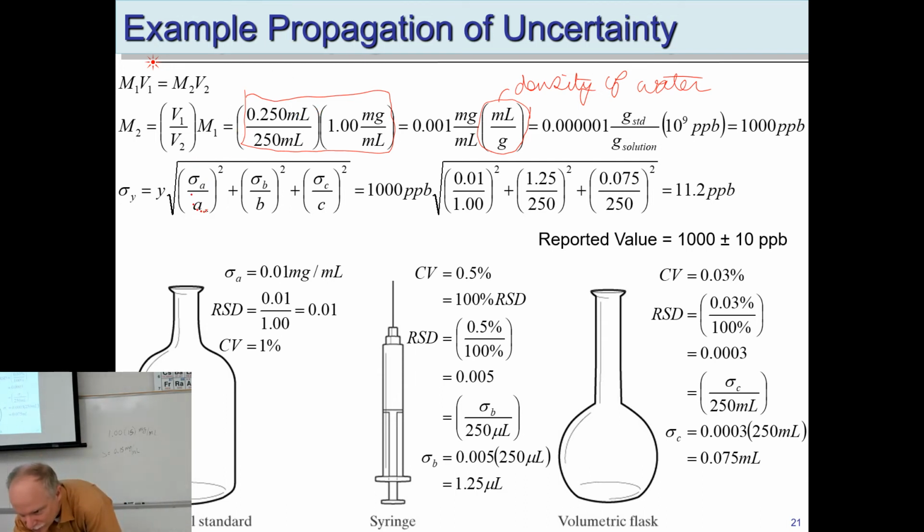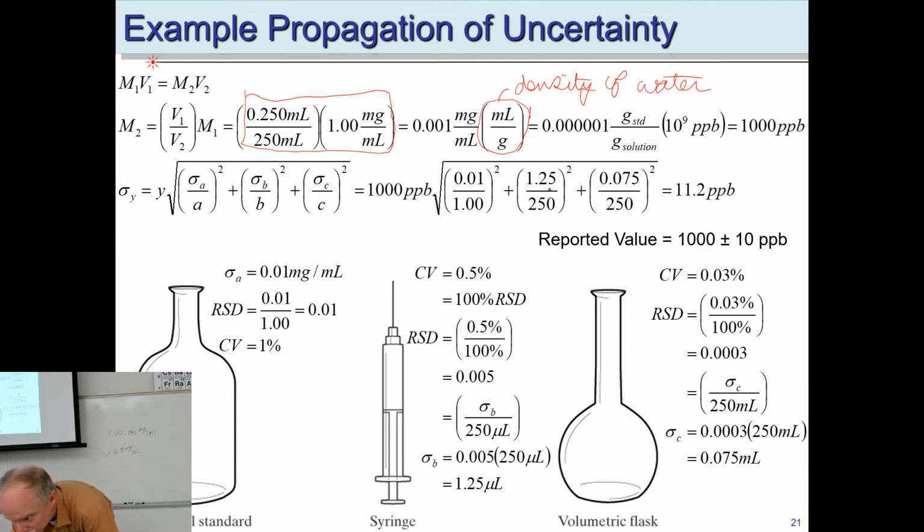So we have the RSD for A, the RSD for B, and the RSD for C, all squared, added, square root, multiplied by Y, which is our parts per billion stock solution. And so here we have it. This is the standard RSD. This is the, which one is this?